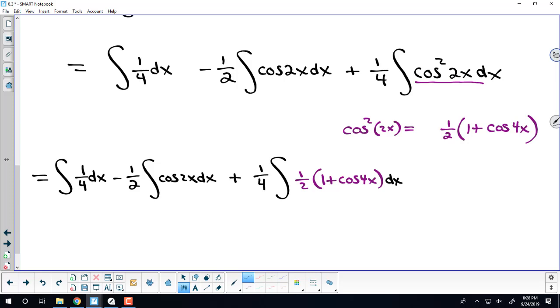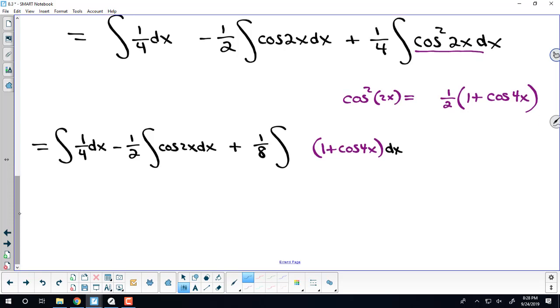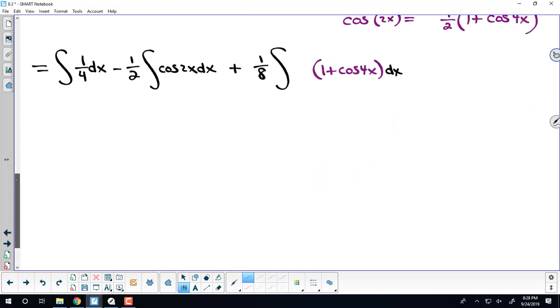Let's just combine the constants here on this last one. There's 1/8. So split that last term, that last antiderivative. We'll split that up.